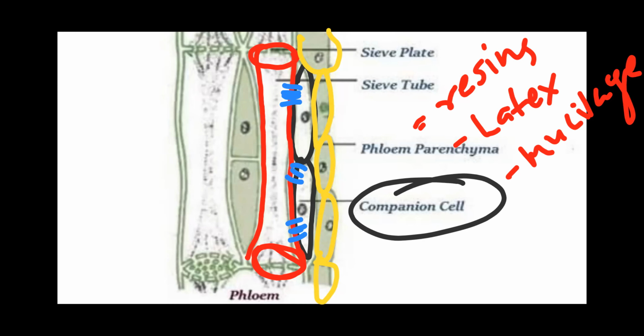Last, that is the Phloem Fibers. Basically, they are supposed to be what? Basically, they are supposed to be those dead sclerenchyma fibers found adjacent to the parenchyma cells, normally outermost in position.